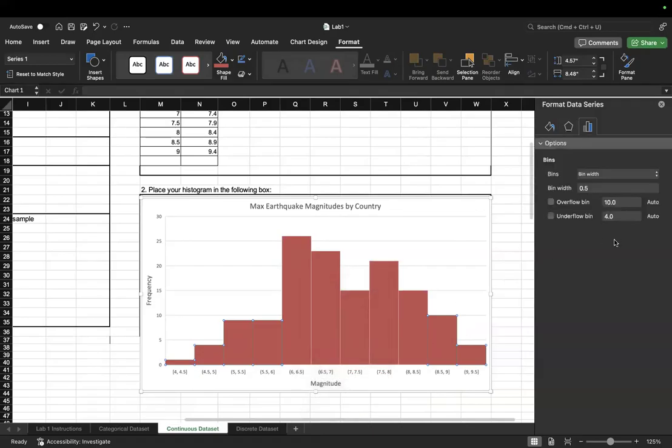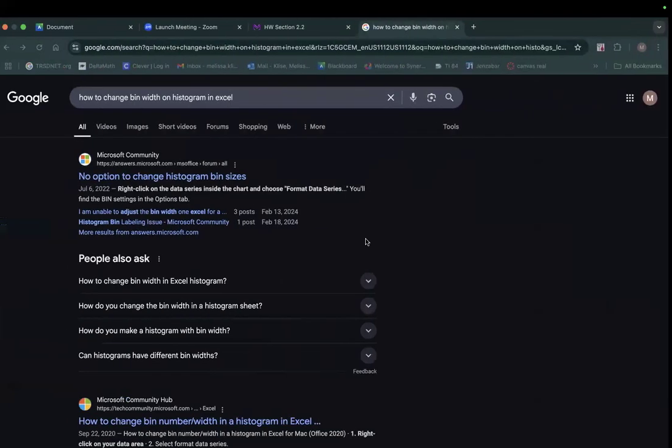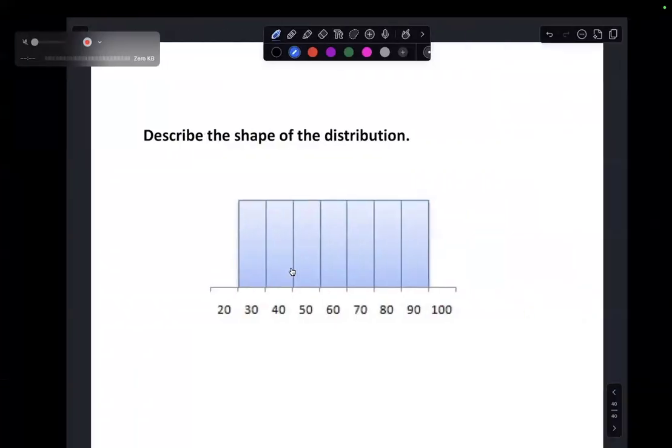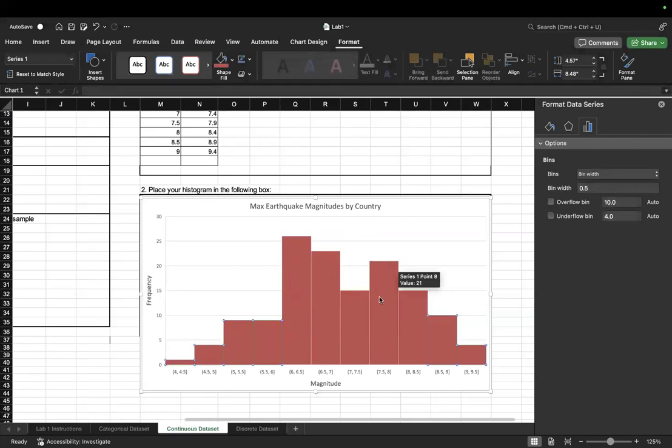It should get you right here. Does it get you to bin width now? To bins? You have it now. It just, everything goes away when I click on it. It just says series 1.1 value 11.